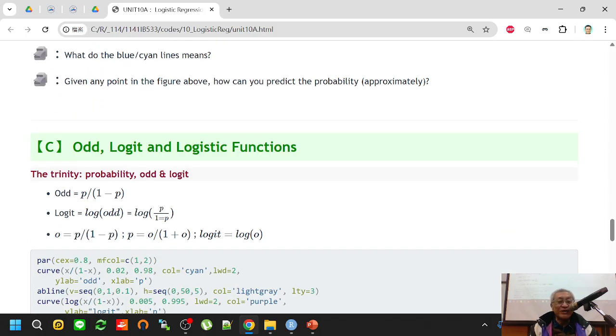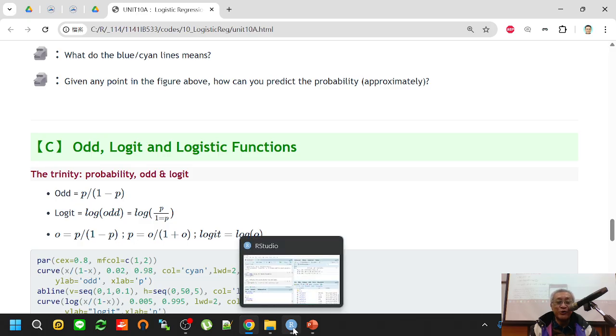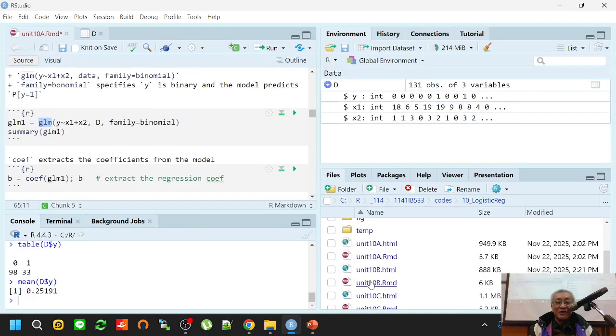Now let's go to notebook number 2, which is 10B.